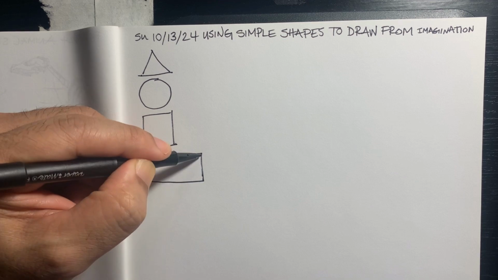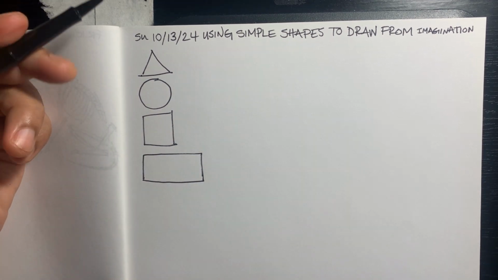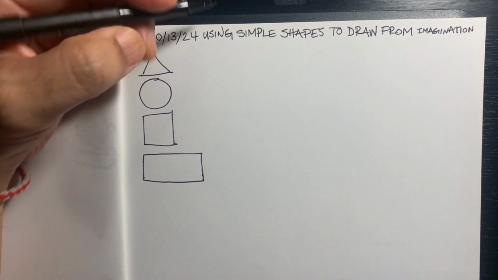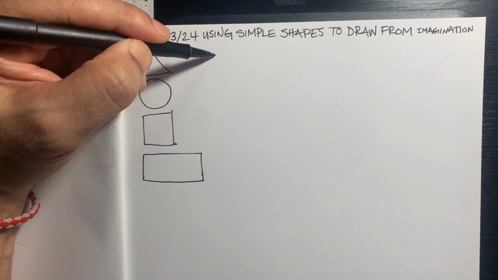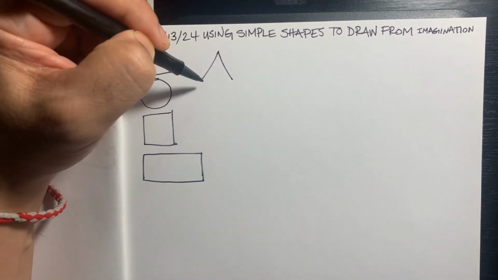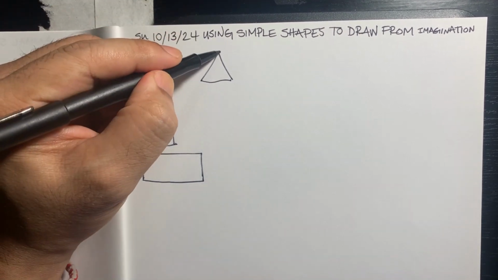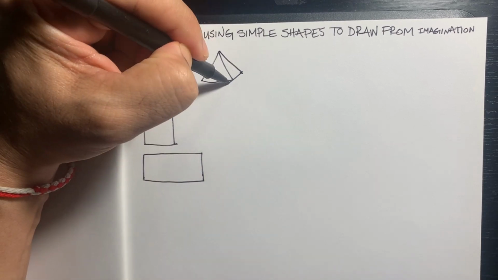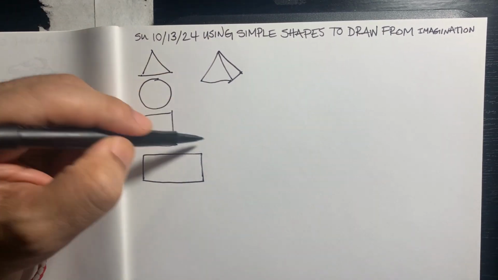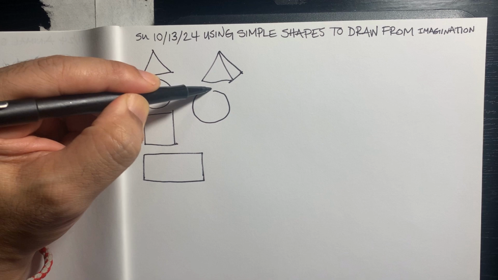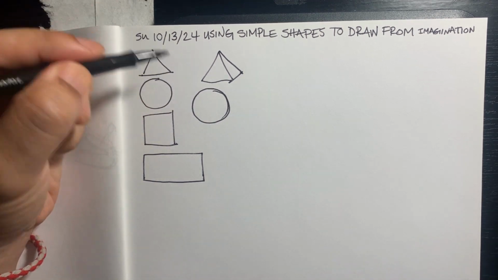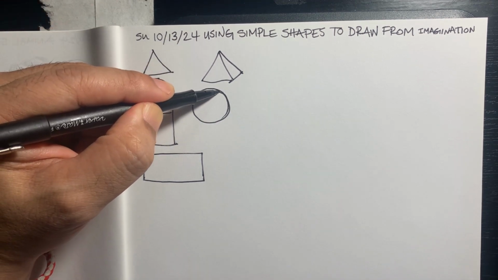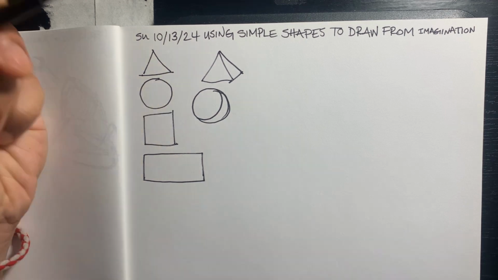Now, we can also create forms. So out of a triangle, you can get a pyramid. Just draw the other side of it. And then a circle, to make it a sphere, you just need to give it a shadow.